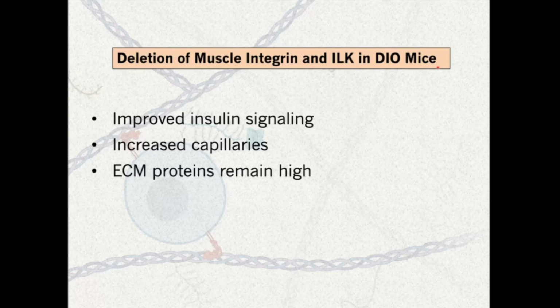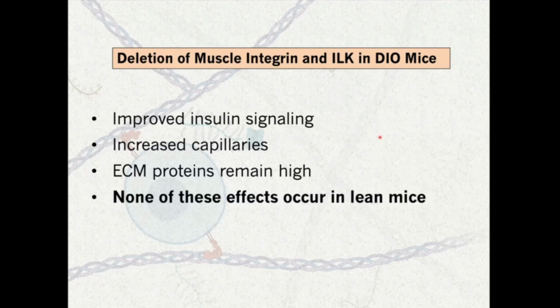So what that means is that it's not acting by reducing the ECM proteins, but rather through their interaction as ligands with the integrins. And none of these effects occur in lean mice. So it seems to be specific to DIO mice in the inflammatory state with the increased ECM.